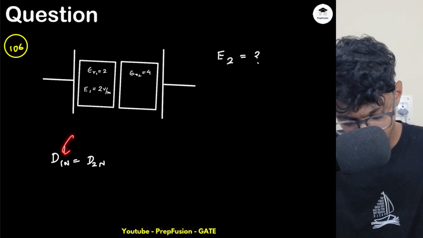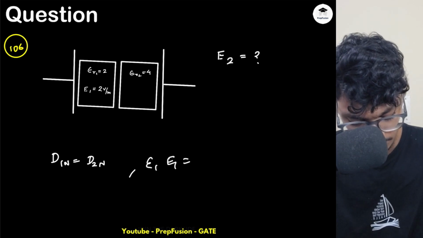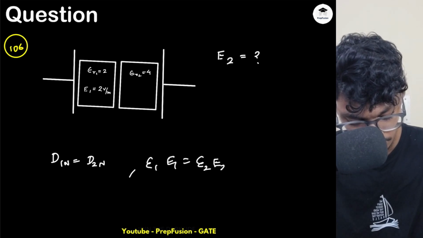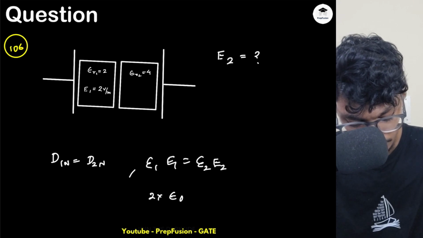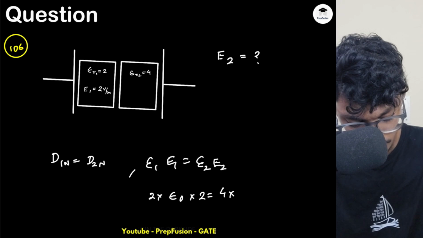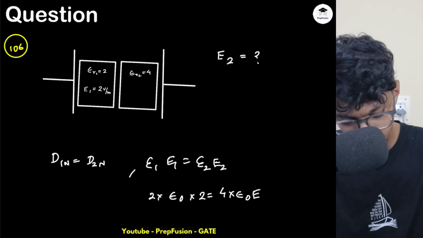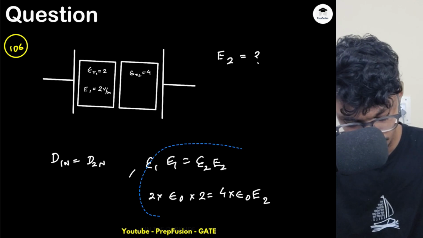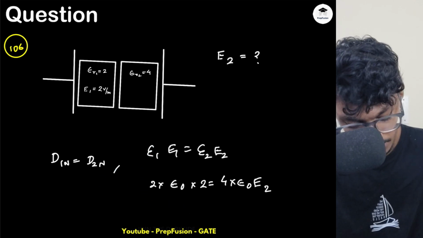So what is D1n? It is epsilon 1 into E1. It should equal epsilon 2 into E2. So what is epsilon 1? Epsilon 1 is 2 into epsilon naught into E1, which is 2, equals epsilon 2, which is 4 into epsilon naught, into E2.